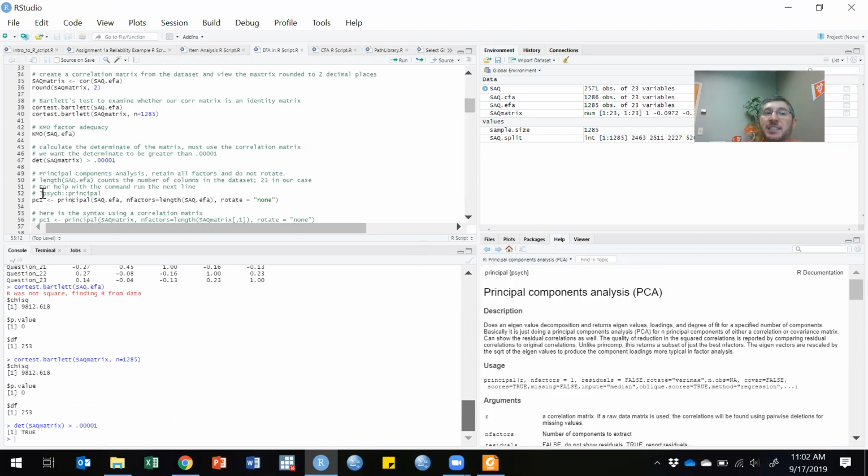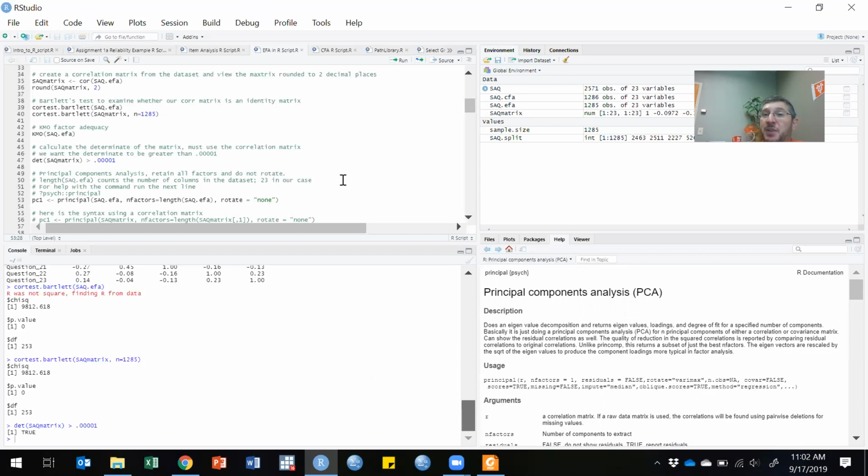So basically, we want to run a principal component analysis. Our data set is our SAQ EFA. I want to retain all of the factors, basically. And so what I'm telling it here is the number of factors you want to retain.